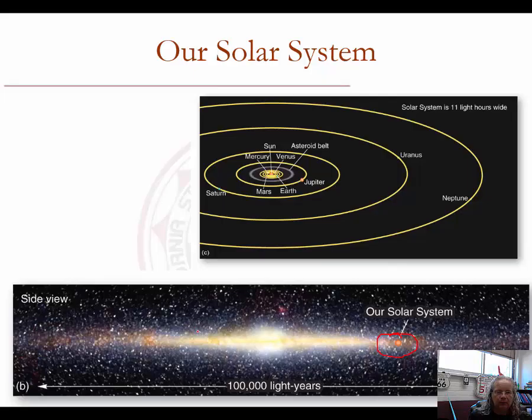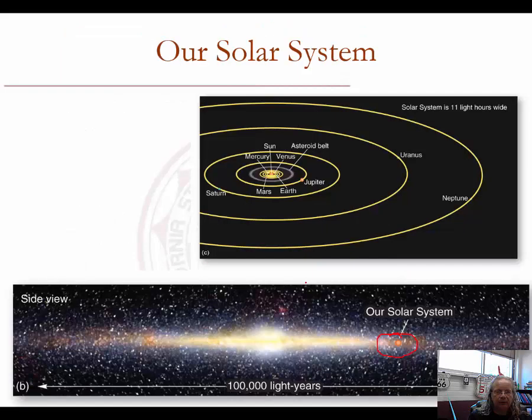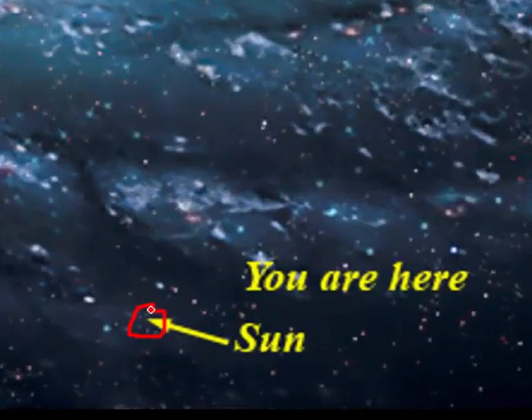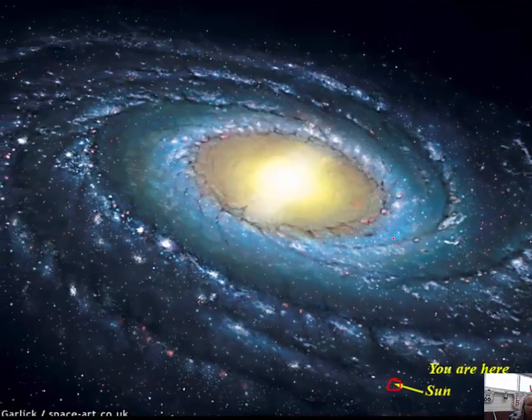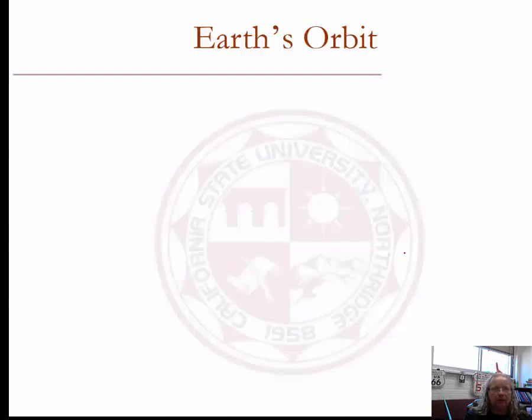And you see, if you were to multiply 100,000 by 9.5 trillion kilometers, you would have a number that was absurdly large and hard to express. Here we are somewhere in just the Milky Way, and there are millions of galaxies similar to the Milky Way, some very much larger, in the known universe.